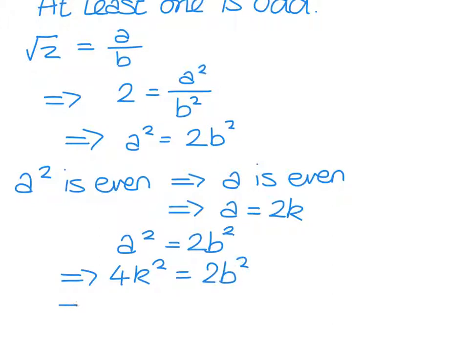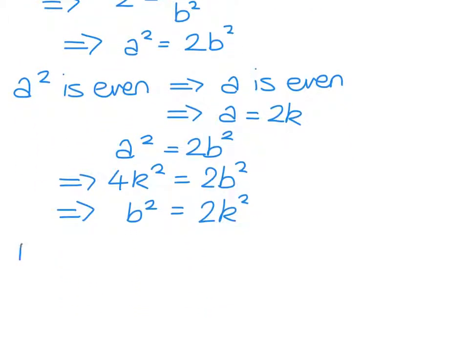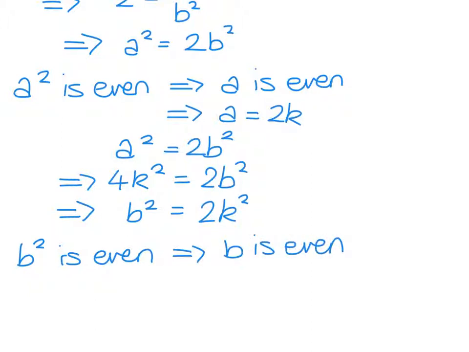And then we can obviously divide by 2, so we get that b squared equals 2k squared. But then this suggests that b squared is even, as b squared is equal to 2 times another square number. And if b squared is even, we know that b is even. But that means both a and b are even.